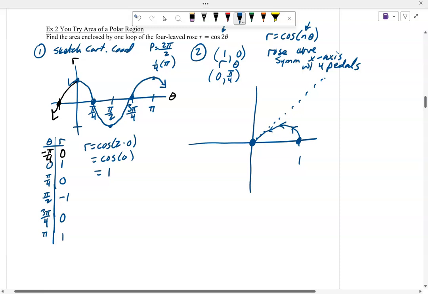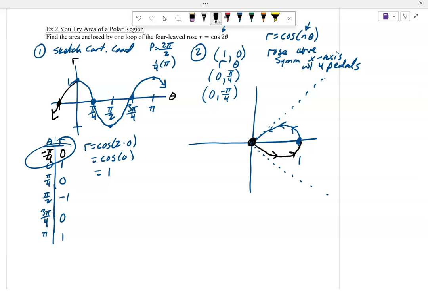Now the question is, I know it's symmetric about the x-axis, so I'm going to use that negative pi over 4, 0. Negative pi over 4, but it's 0, so it starts right there and doesn't go out any distance. Now I could put in some other ones to help me draw this out between negative pi over 4 and 0, like negative pi over 8, for example, would be a good one to throw in.